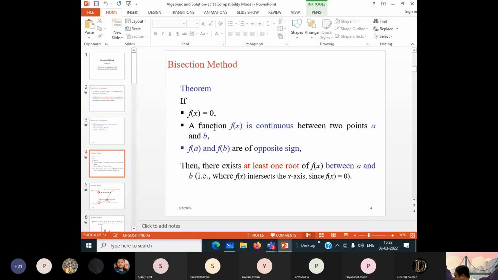This is called local continuity, not global. I don't want to take everything; I am looking at some particular interval. Is it continuous? Yes. Then I go next. What is next? f of a and f of b should be opposite in sign. Then there exists at least one solution in the interval a and b. This is called the bisection theory.